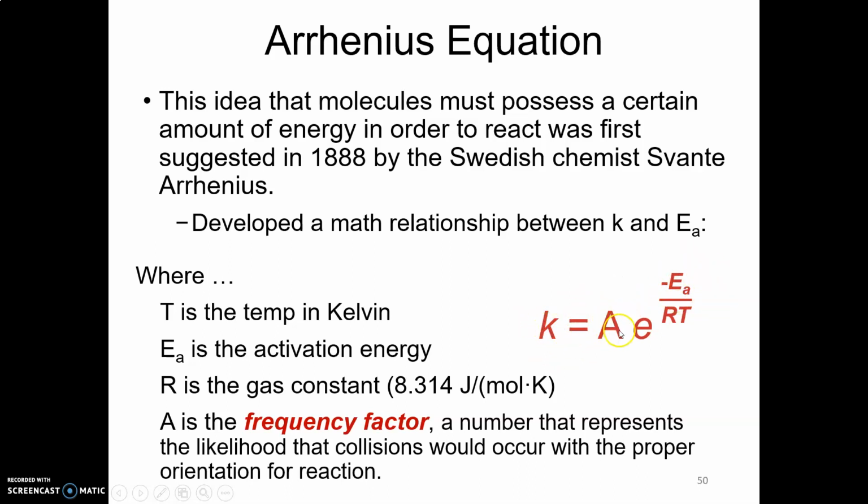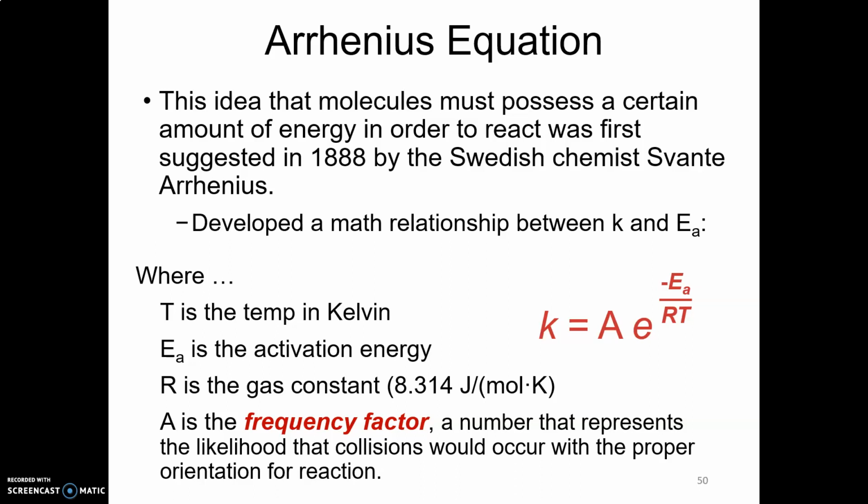So k is equal to A. Now what's A? A is what we call the frequency factor. We'll talk more about this in the next video, but the idea of the frequency factor is that it accounts for the likelihood of having a successful collision. We'll talk about the difference between unsuccessful and successful collisions later on, but a high frequency factor means lots of successful collisions.